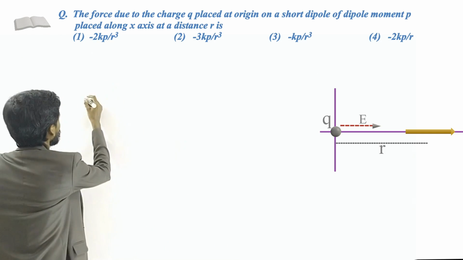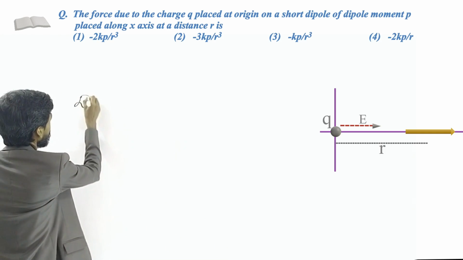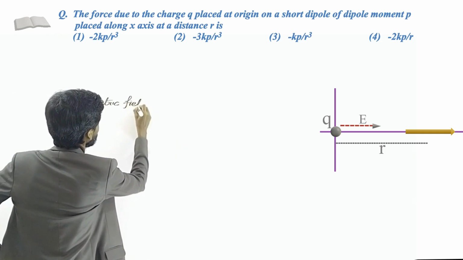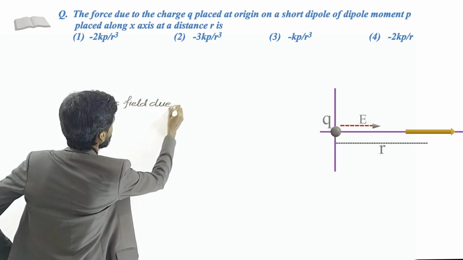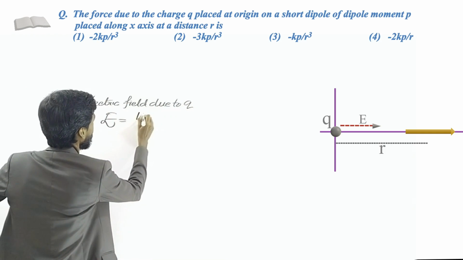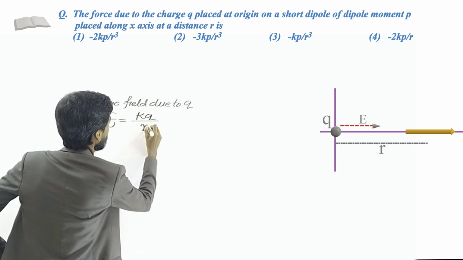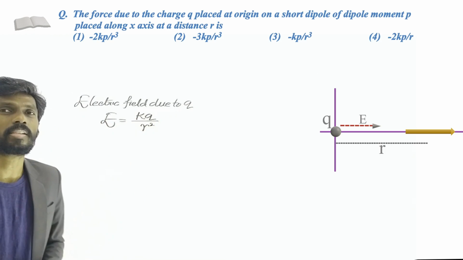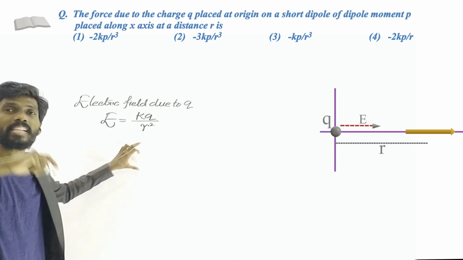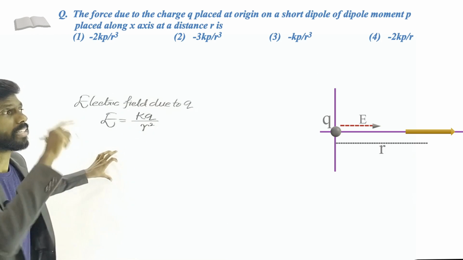So here, the electric field due to the charge q has the formula E equals kq divided by r squared, because the dipole is at a distance r from the point charge. So that is the electric field due to the charge q at a distance r.